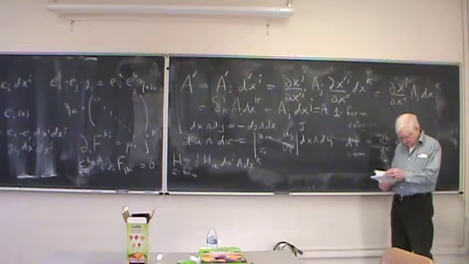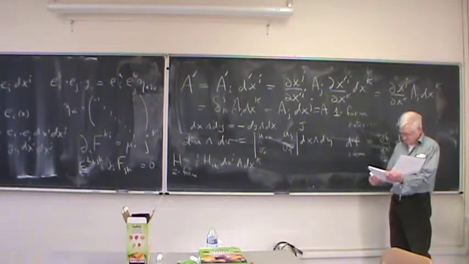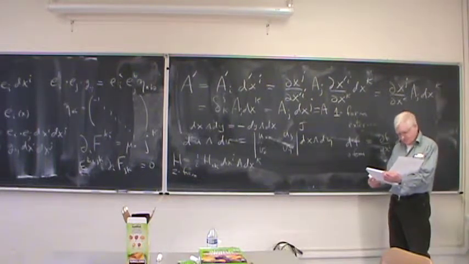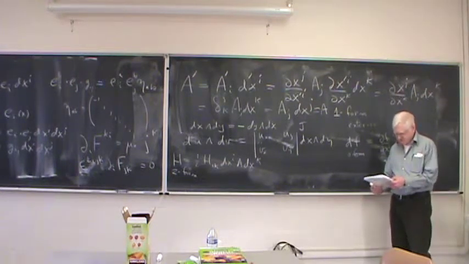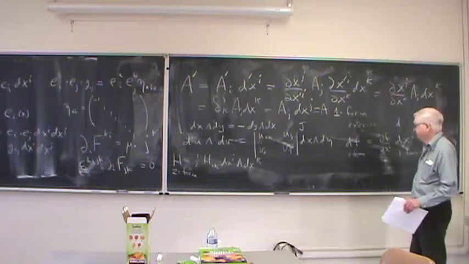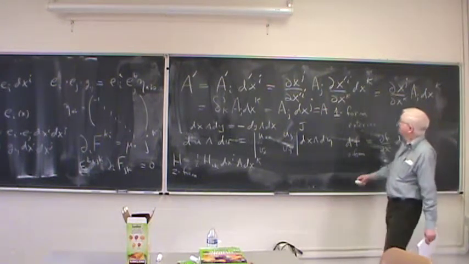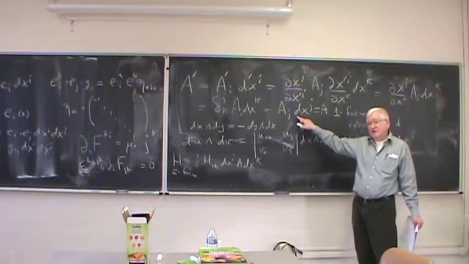And let me see if I can find the nicest version of that. Yeah, okay, here's a nice version of it. So let's suppose that this particular one form is in fact the one form of the electromagnetic field.